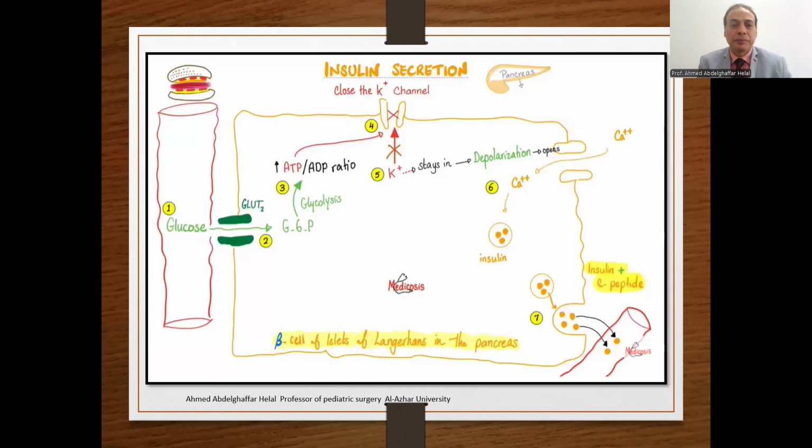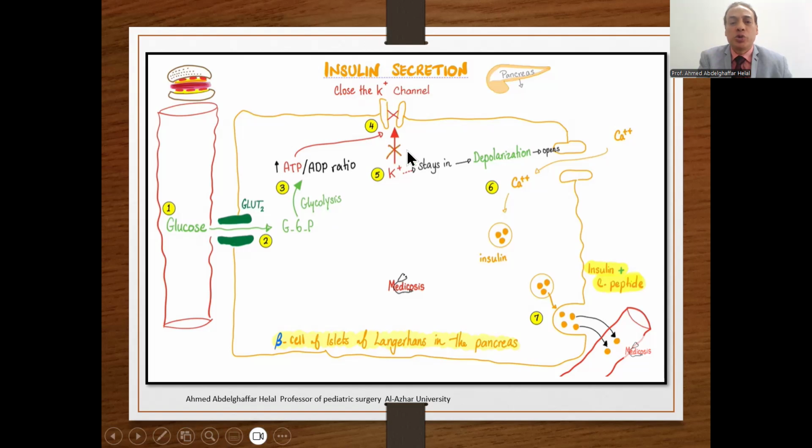Let's see. These diagrams summarize: when we eat a carbohydrate, the glucose will elevate in the blood. Glucose will pass into the beta cell, this is a beta cell of the pancreas, through the GLUT2 gate. After that, the glucose will undergo a process called glycolysis, with production of a large amount of ATP. And this increased ATP-ADP ratio will stimulate what's called the potassium channel.